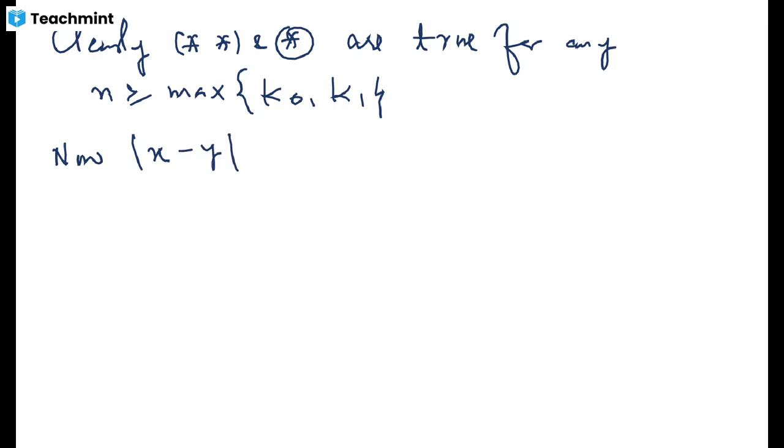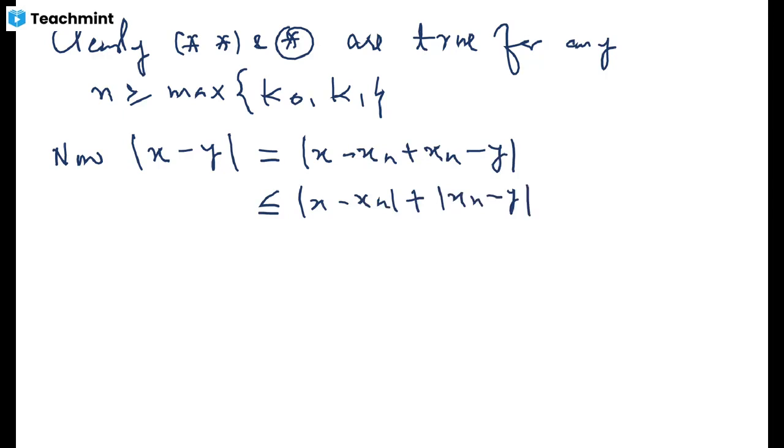How are we going to do this? I'm going to use again the strength of the triangle inequality. I'm just inserting a term and taking it out at the same time, and then I can apply the triangle inequality. I will have x minus xn plus xn minus y.